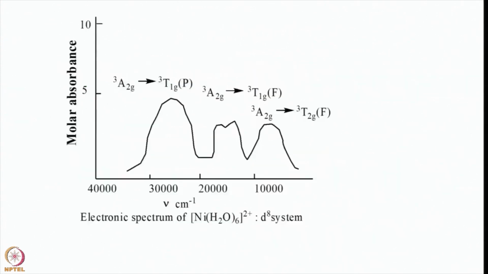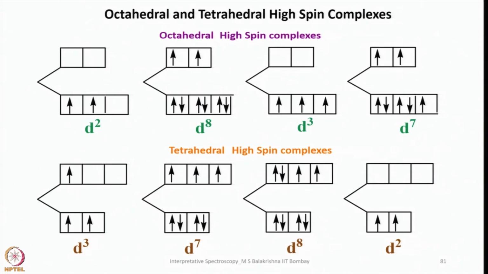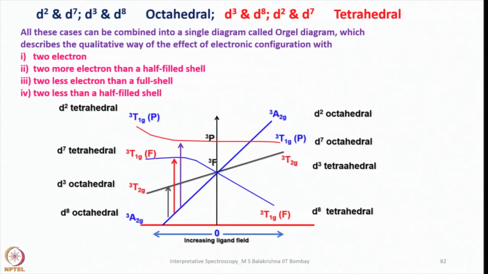The same thing is shown here again. So now let's look into these systems to identify the similarities: d2, d8, d3, d7 octahedral high spin complexes, and d3, d7, d8, d2 tetrahedral high spin complexes. So again, is it possible to combine the octahedral and tetrahedral complexes having these electronic configurations into a single diagram to explain the transitions happening in complexes having d2, d7, d3, d8, octahedral as well as tetrahedral geometries?